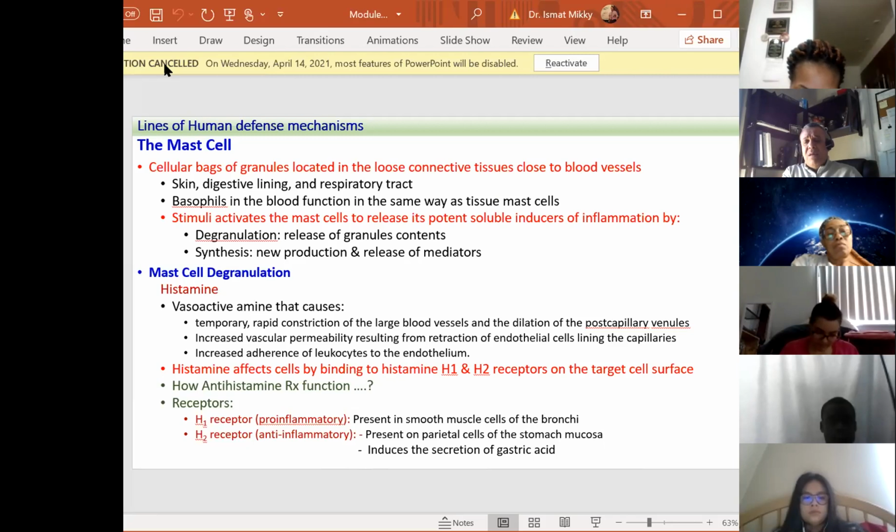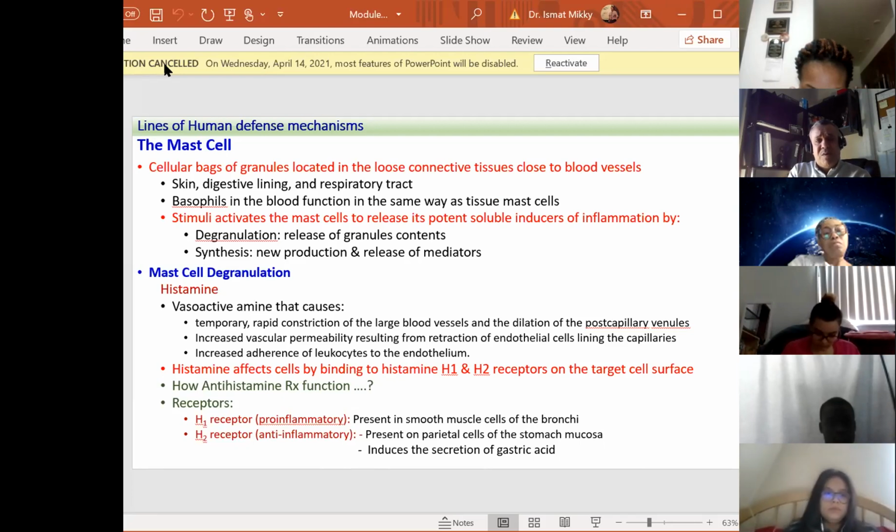The stimuli activate the mast cell to release its potent soluble inducers, in this case, we call them chemical mediators. This is one of the difficult pieces of the immune system when it comes to the process of inflammation, the mechanism of how the inflammation occurs, the pathophysiology of the inflammatory response.